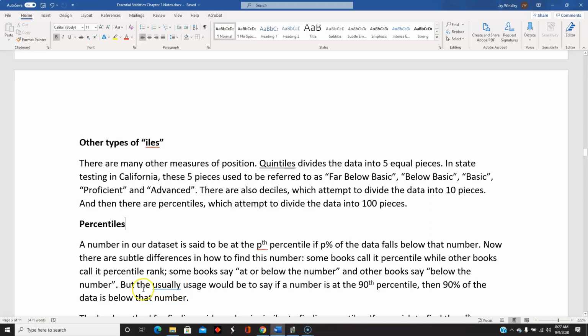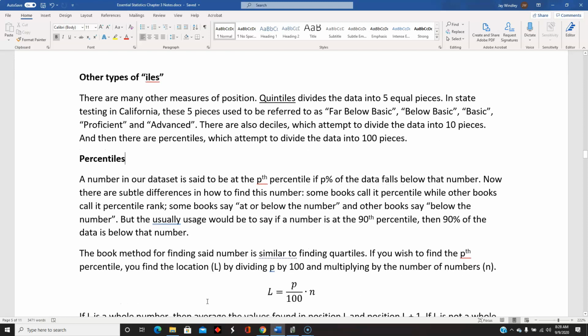But I think the most common usage is to say that if you have a number at the 90th percentile, 90% of the data is below that number. So for example, if your height is at the 90th percentile, then that would mean that 90% of people are shorter than you. Or if your quiz score is at the 90th percentile, then that means 90% of all quiz scores are less than yours. That's the most common usage of the term percentile.